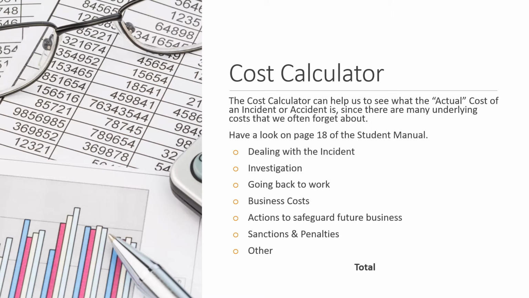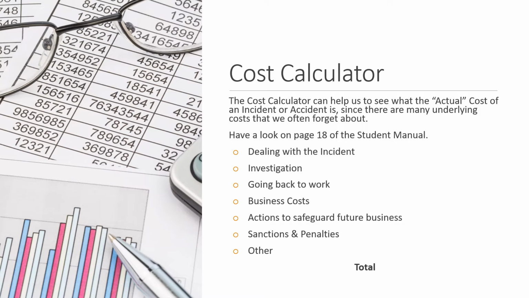Then there could be the time cost or financial cost of sanctions and penalties, such as compensation claims, legal fees, dealing with legal, fines, criminal charge costs, as well as the increase in insurance premiums. There could even be further, more underlying costs that we could note down.